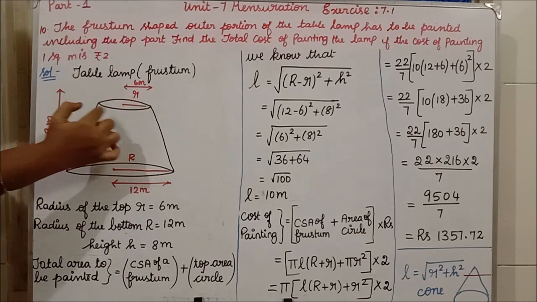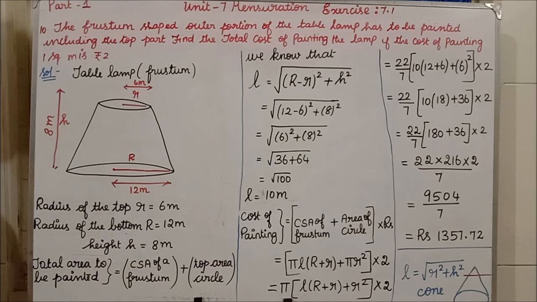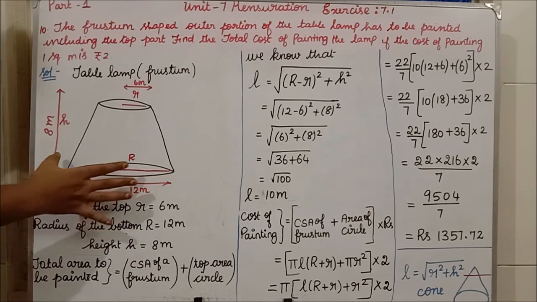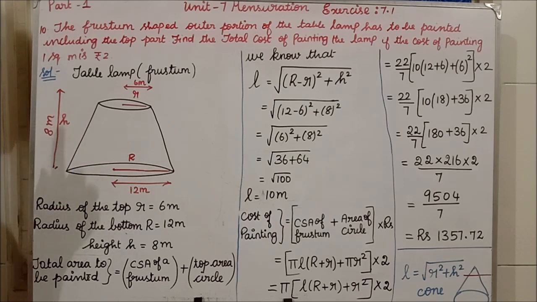Since the top circle is very small, we take the radius as small r. The radius of the bottom circle is big, so I take it as capital R equal to 12 meter. You should not interchange them, otherwise you will sometimes get it wrong. Then height is 8 meter.